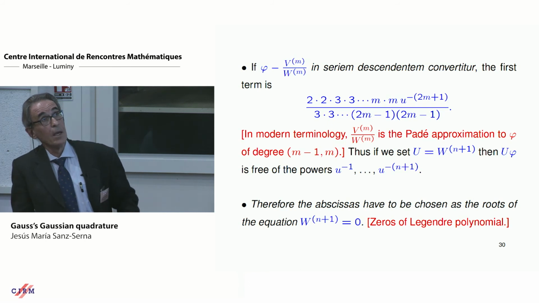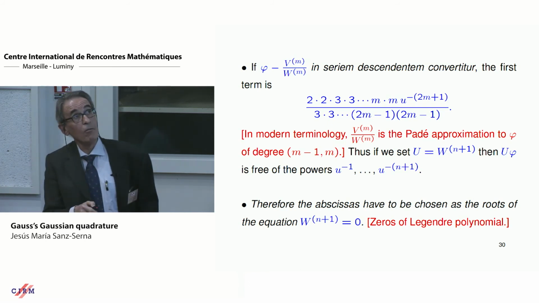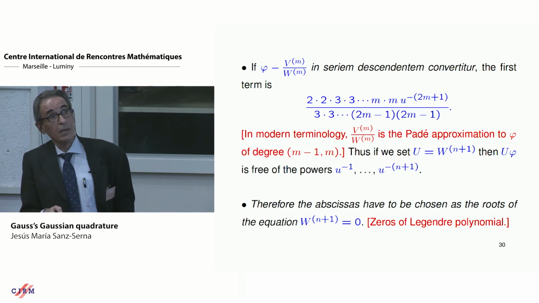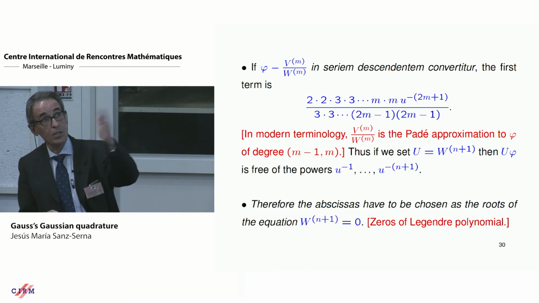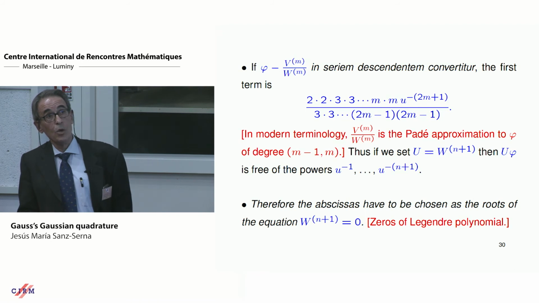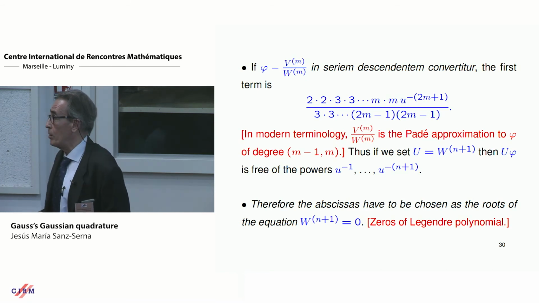So after this, he writes this as a series, and then he shows that, of course, if you truncate after m terms, then the convergent is the Padé approximation to phi of degree m minus 1 over m, and therefore, if you choose your u, the function whose roots are the abscissas you are looking for, as this Wn plus 1, this means the Legendre polynomials that he has computed by the three-term recursions, this u phi will be free of those powers, and then he concludes that the abscissas have to be chosen as the roots of the equation Wn plus 1, so the zeros of the Legendre polynomial.